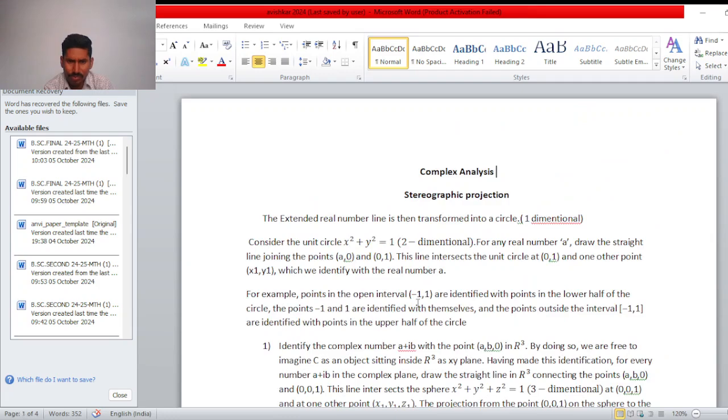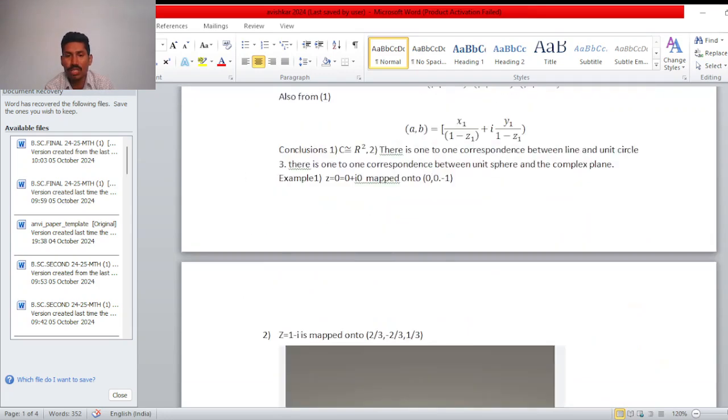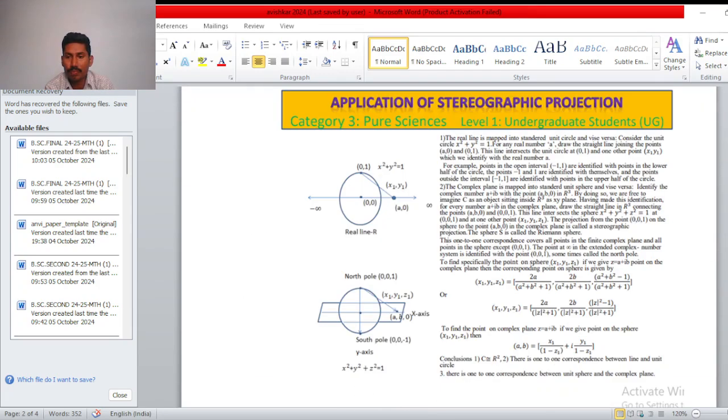Under this stereographic projection, as you can see, the points minus 1 and plus 1 go to themselves, that is, minus 1 goes to minus 1 and plus 1 goes to plus 1, and the open interval minus 1 comma 1 goes to the lower half of the circle.